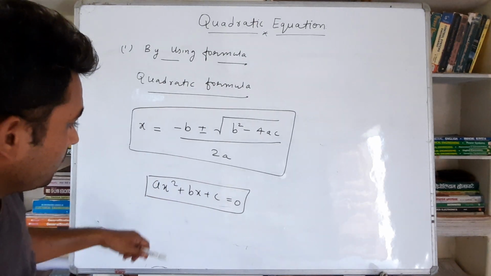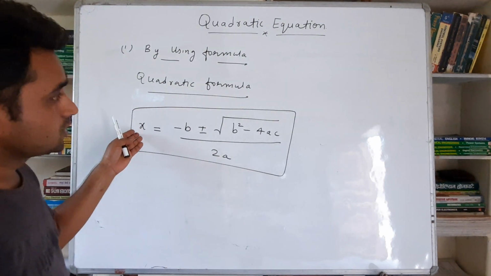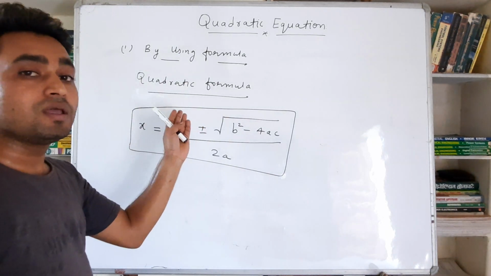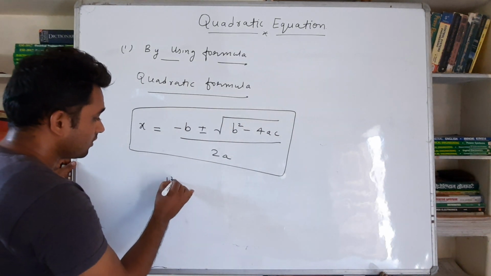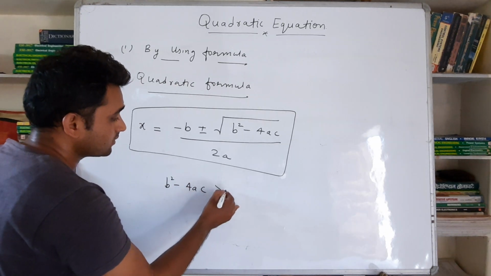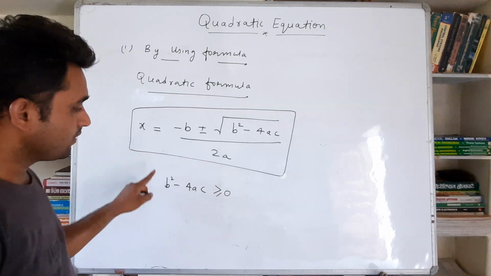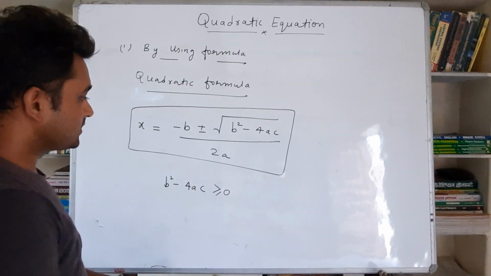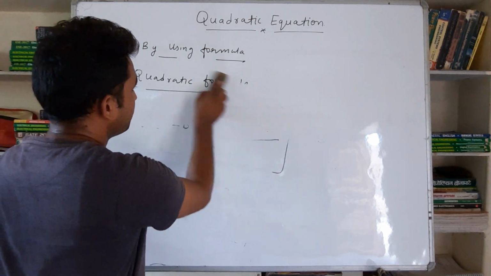So this is the formula by using which we easily find our solution, the root of the quadratic equation, just by putting the coefficients of the corresponding terms. This formula is valid when b square minus 4ac is greater than or equal to 0. Listen here, this formula is valid when b square minus 4ac is greater than or equal to 0.